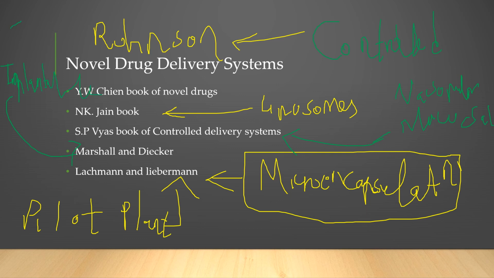Besides implantable, TDDS, that's transdermal drug delivery system, is also given. That's a part of your topic in a proper way. And for intrauterine devices, for ocular drug delivery system, that's ocuserts, lacrisert, contact lenses.